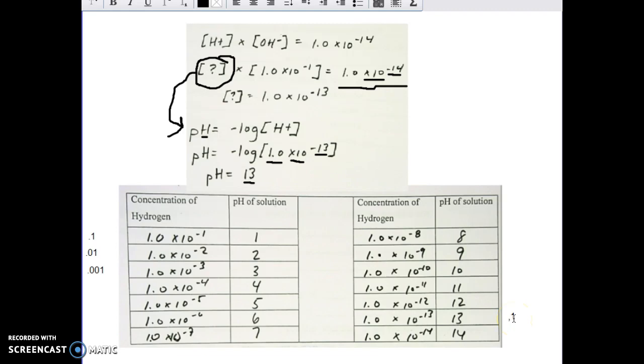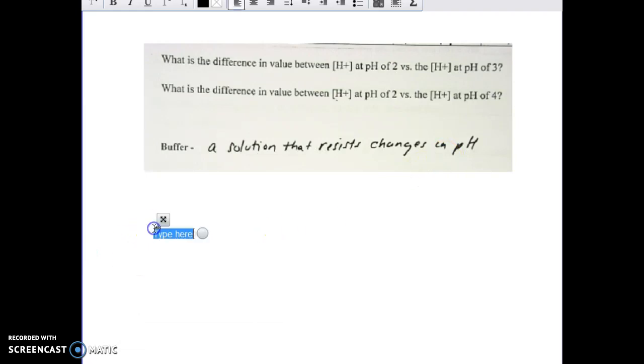So what we'll do is recognize the fact that if you increase the concentration of hydrogen ions, that lowers the pH. So think of it.